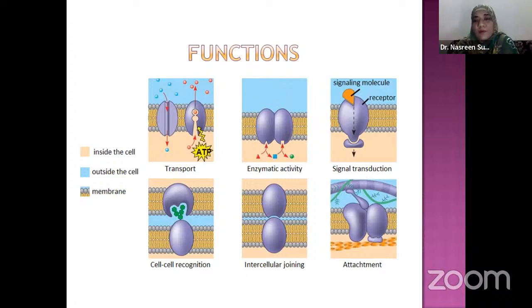And some proteins are going to help in the attachment of the cytoskeleton, microtubules, to give a proper shape to a cell. So these are the different functions of your membrane proteins: transport, enzymatic activity, signal transduction, cell-to-cell recognition, intercellular joining, or we can say forming cell junctions, and attachment.